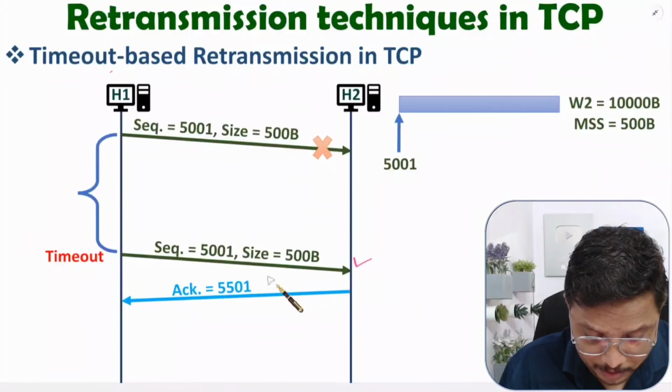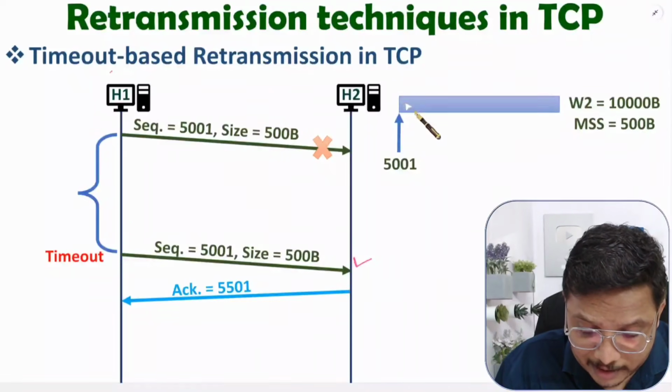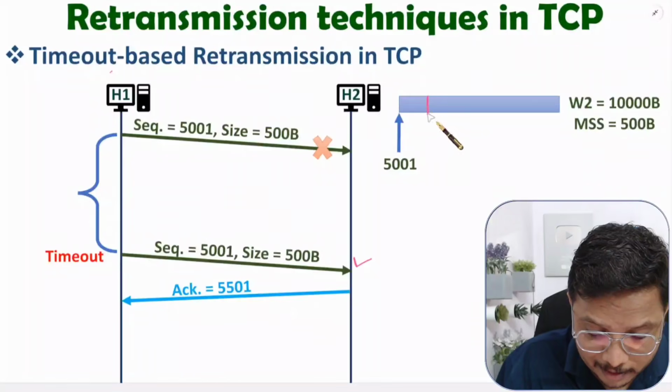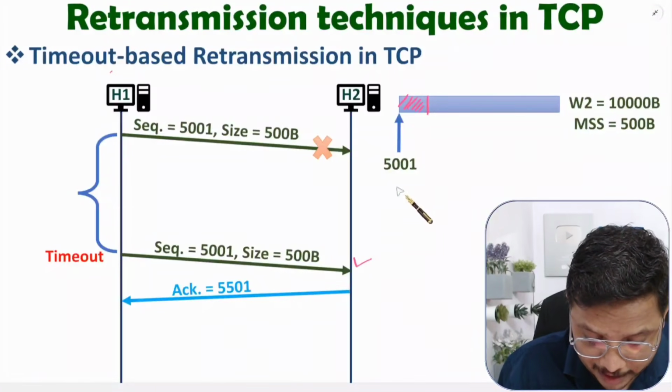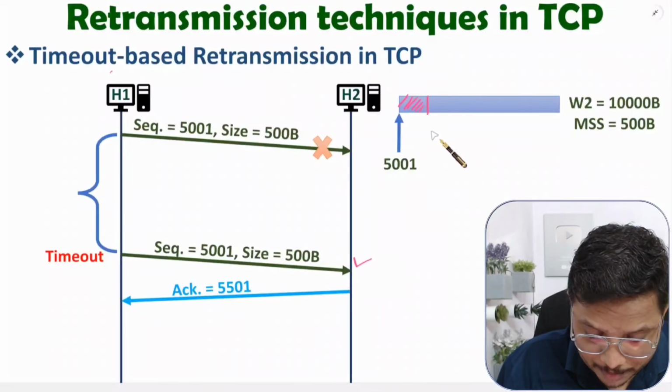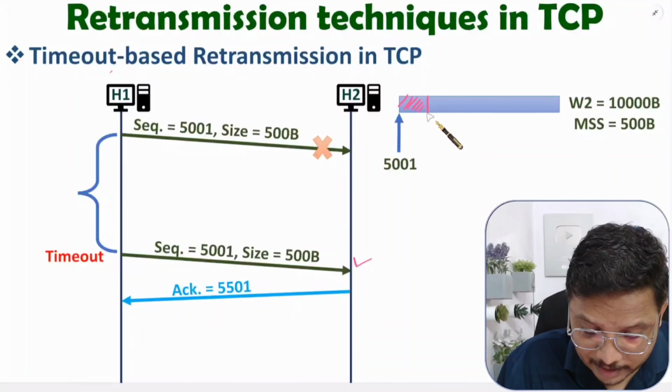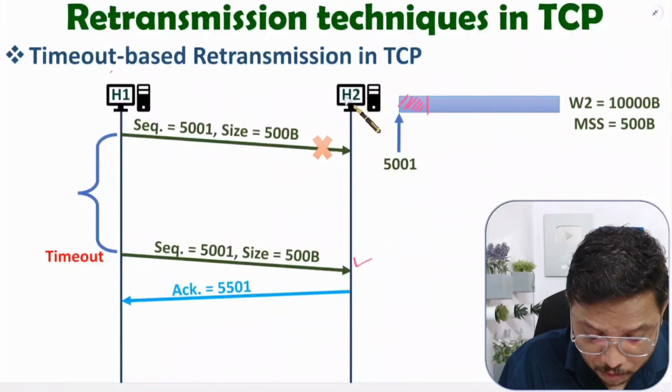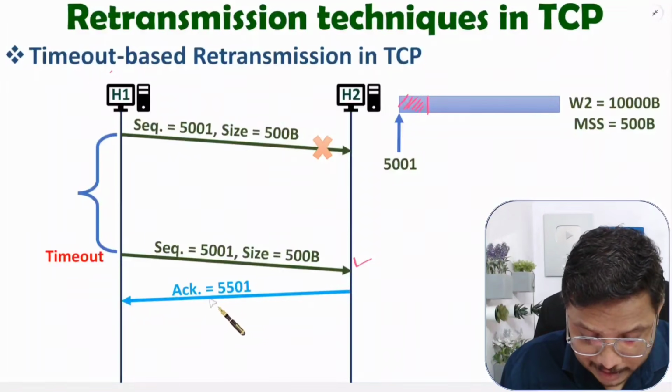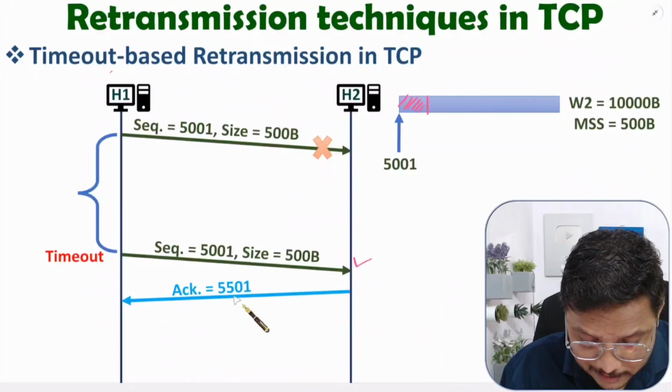So what will happen? This segment is now stored inside this window, and it has a size of 500 byte. Obviously after receiving this, H2 will give an acknowledgement. In that acknowledgement, what will H2 say?